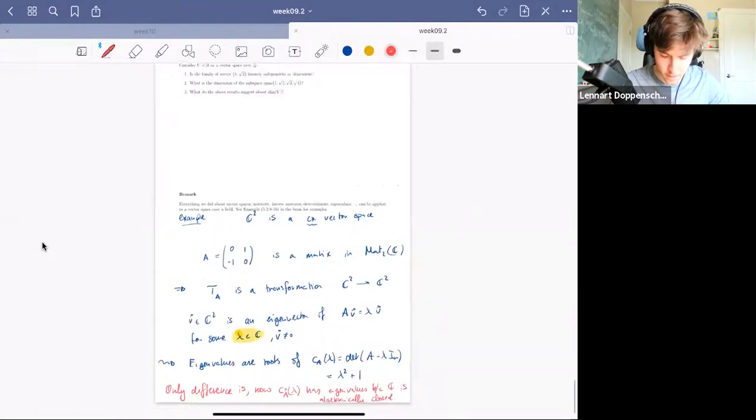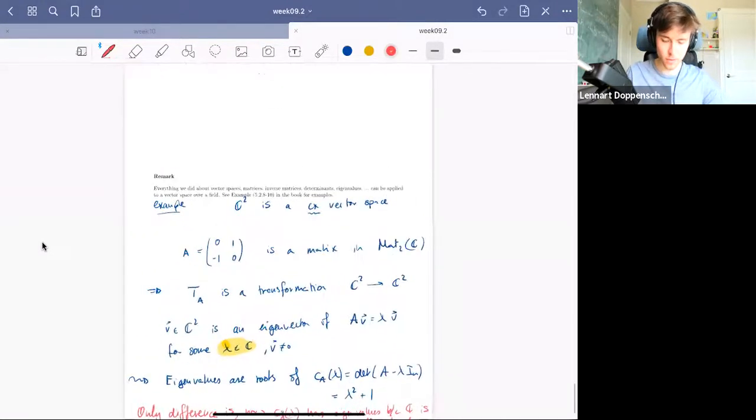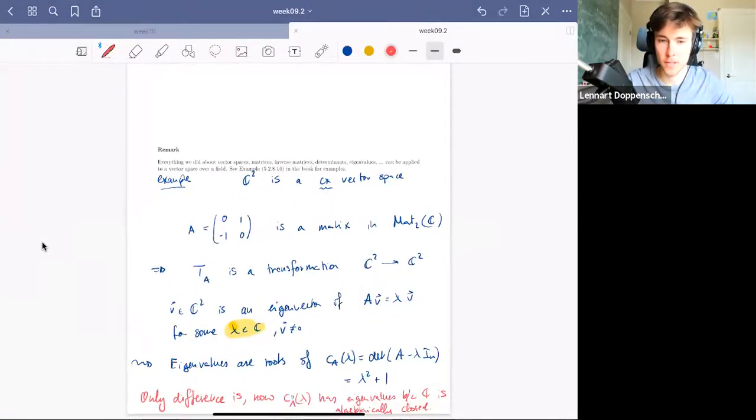Okay, this is it. So in the future, starting today, we're going to be talking about vector spaces over fields, and I hope that I could somehow take away fear from you, because they're not any different. If anything, they're better because they don't have this problem of being non-algebraically closed.